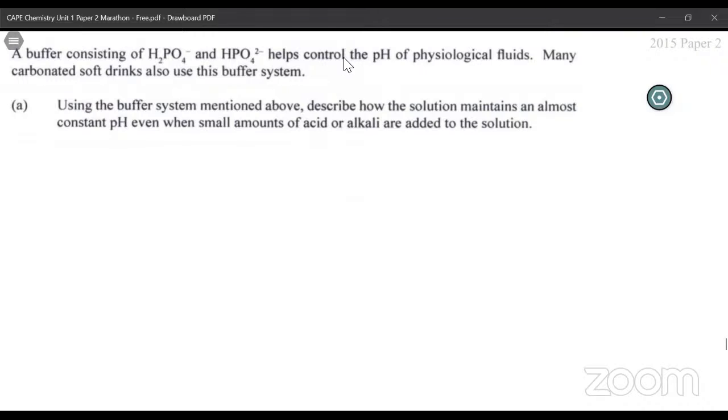Many carbonated soft drinks also use this buffer system. So using the buffer system mentioned above, describe how the solution maintains an almost constant pH, even when small amounts of acid or alkali are added to the solution.